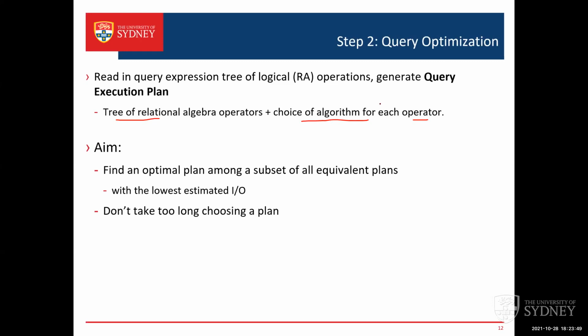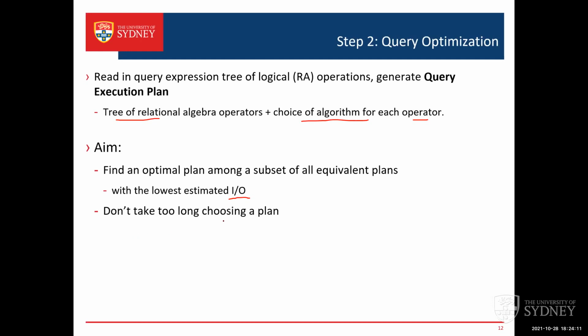Okay, so that's what this optimizer will figure out. Find an optimal plan among a set of all the equivalent plans that you have. So here optimal simply means, as we learned last week, the input output cost that we are going to have. So whichever plan has the lowest input output cost, we'll simply choose that one.